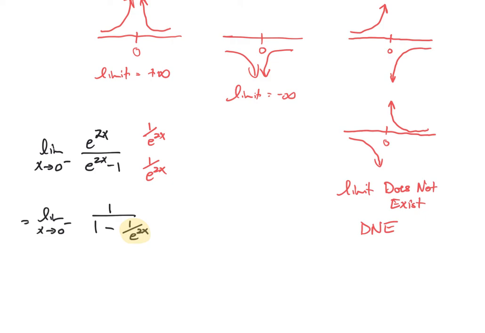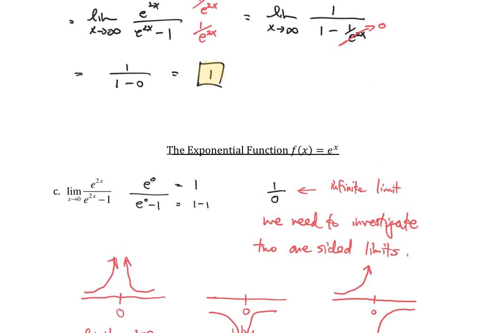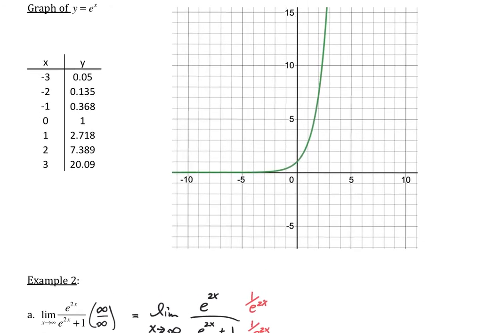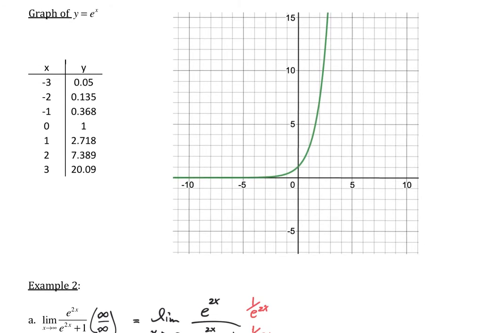So if we go all the way back to our graph of e, when we're coming from the left side of 0, I hope that you can see that we're really getting values that are a little bit less than 1.